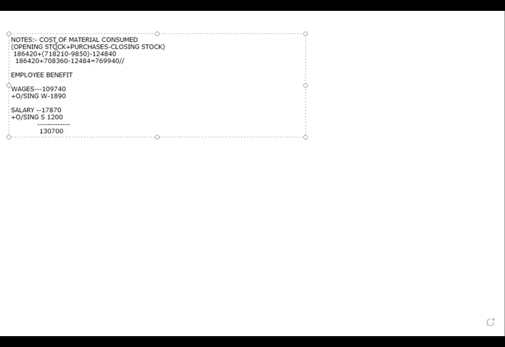Next I'll go with finance cost, because we have an adjustment regarding the loan also. Under that I'll take interest on loan, which he gave in the trial balance as 4,500.